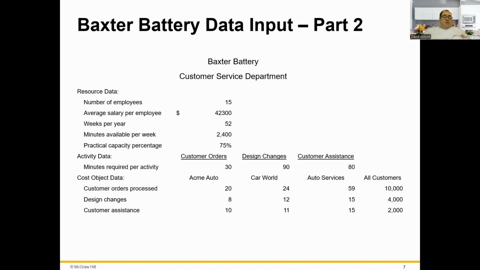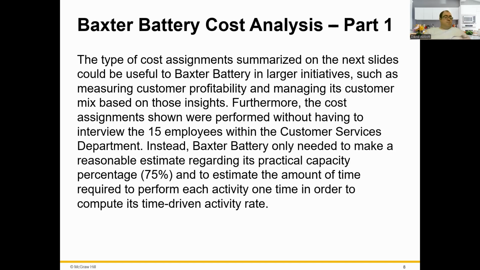The cost object data then breaks it down, and we do it for our 3 largest customers and then overall. So we have the number of customer orders processed for Acme Auto, Car World, and Auto Services, and then all of our other customers, the number of design changes processed, and the number of customer assistants. And with that, we can use that to be able to extrapolate and calculate some things.